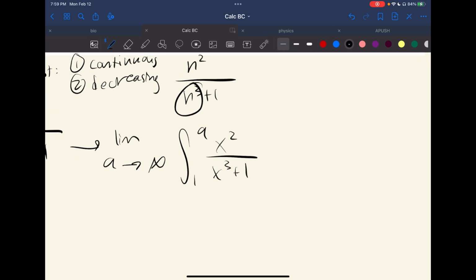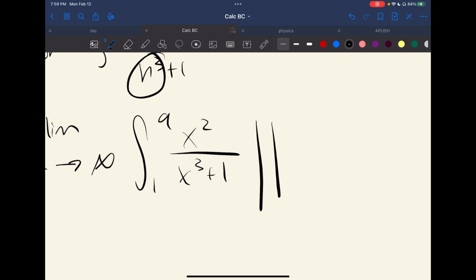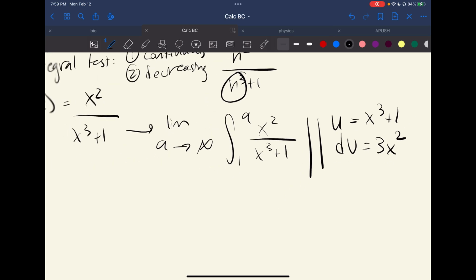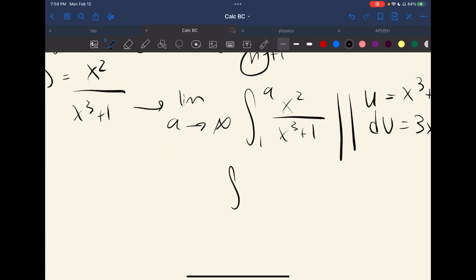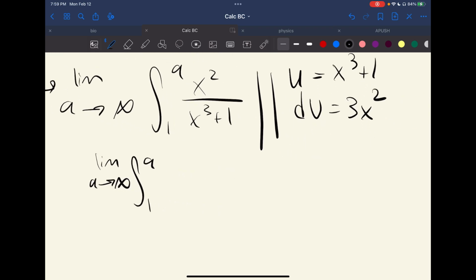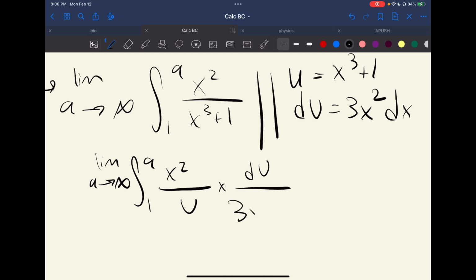Now to solve this, we're going to do u-sub. So u equals x cubed plus 1. And then we're going to get du equals 3x squared dx, right? So dx is du all over 3x squared.